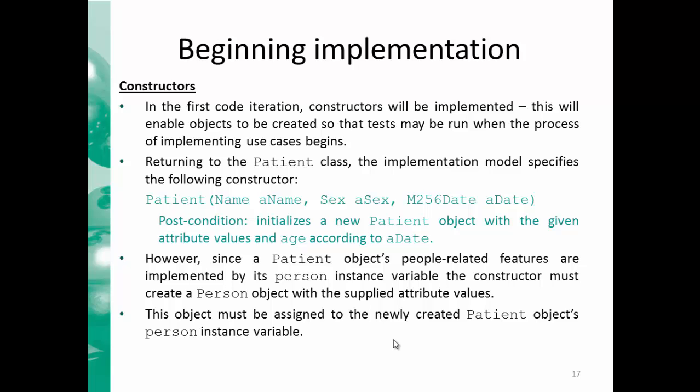The constructor, just like any other constructor, will create and initialize a new object, and in this case it will create a new object of type patient. And the object must be assigned to the newly created patient object's person instance variable.